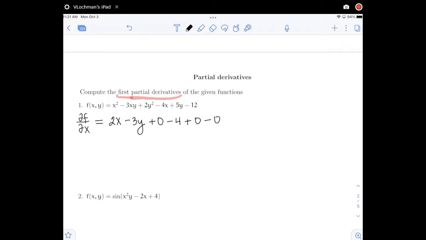So the partial derivative with respect to x of this function is 2x minus 3y. Oh, minus 4. Also forgot minus 4. Here we go. All right. So let me pause here for a second. That's your first partial derivative, presumably. What do you guys think? Does that make sense?